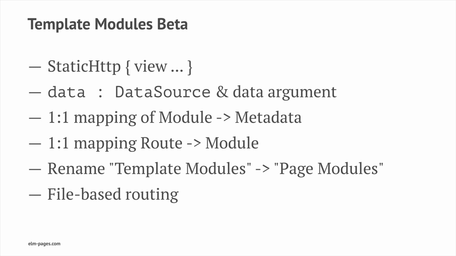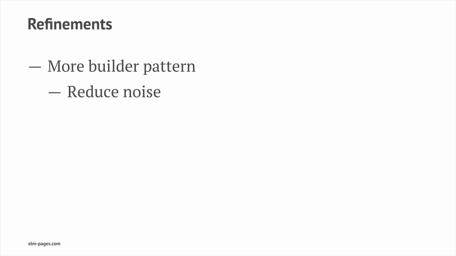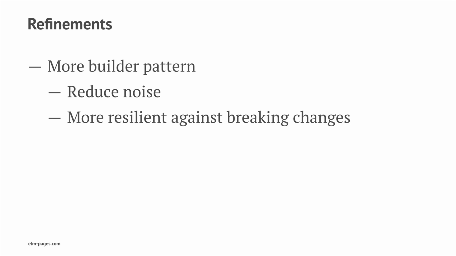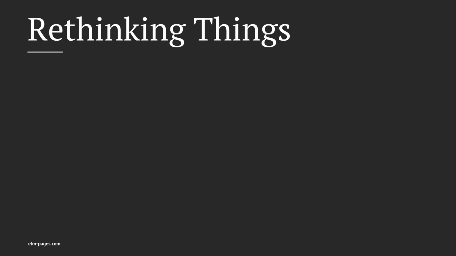It feels really nice, just pulling in data sources based on the route params, for example. Some refinements for the 2.0 release: I'm trying to use more builder pattern to reduce noise and be more resilient against breaking changes, for example, in the manifest API.